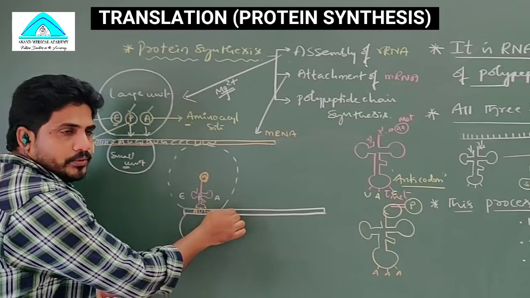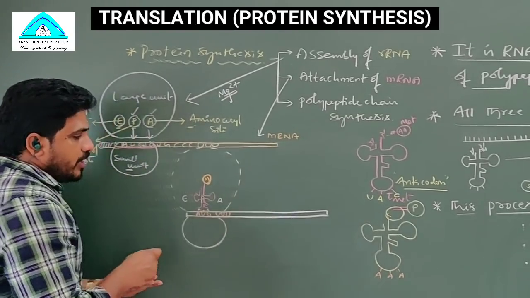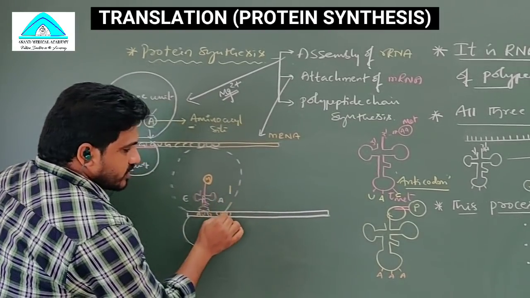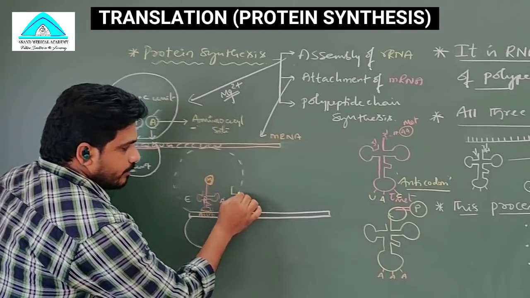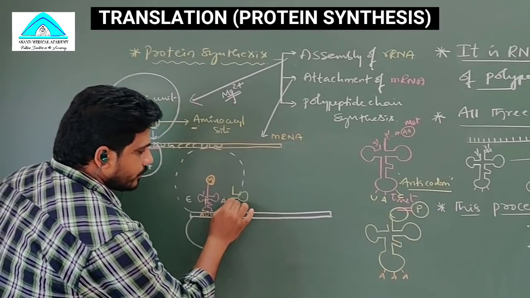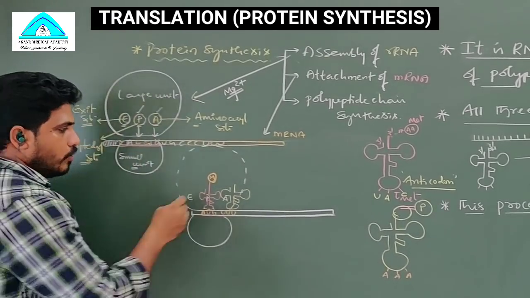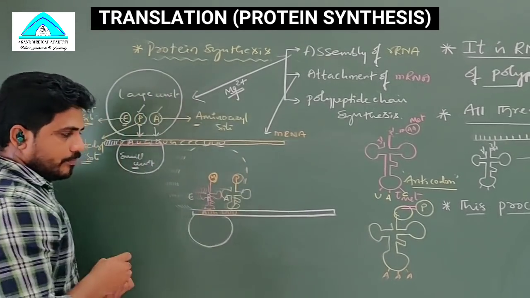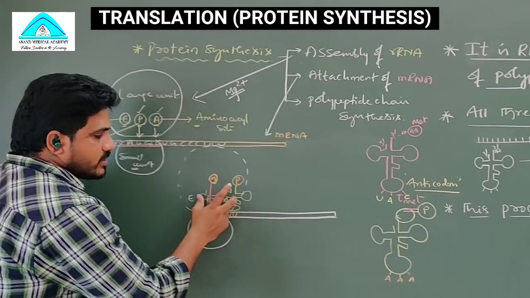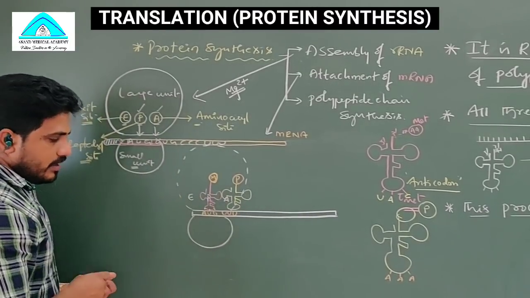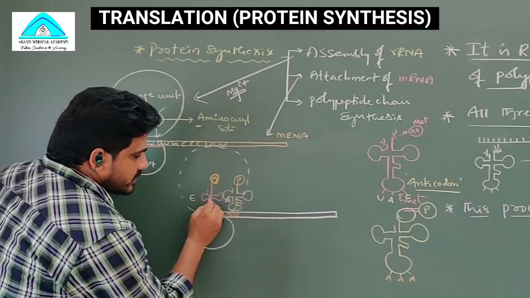So opposite to U, another amino acid is coming. The second codon is read by site A. Then this is another tRNA which brought phenylalanine.